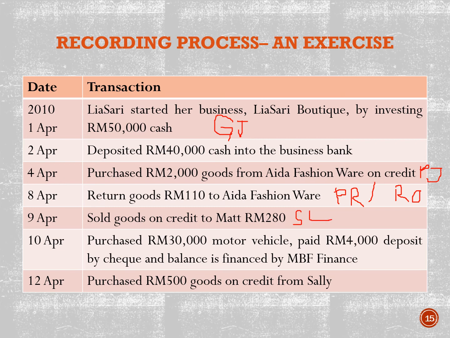Purchase, this one akan masuk ke general journal. Sebab dia tak ada kaitan langsung dengan yang kita belajar journal-journal tu. Purchase, jadi dia purchase, kita kena dalam purchase journal. This one is general journal.